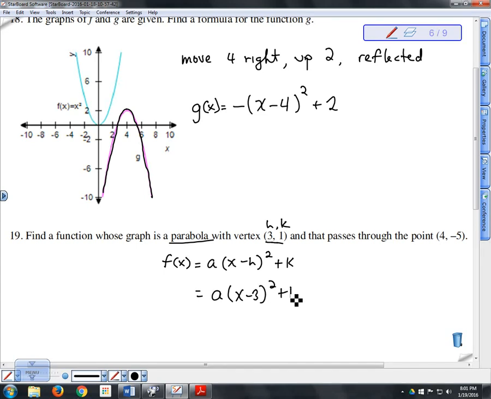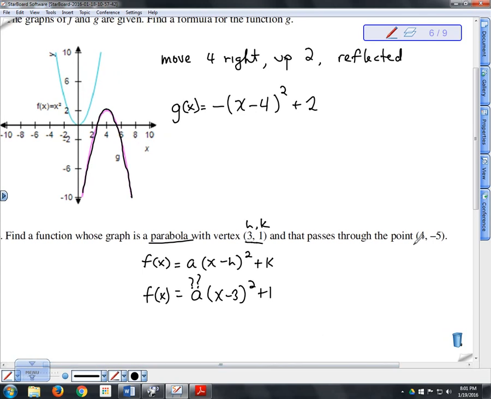The only thing we do not know at this point is the value of a. And that's where this now comes in. This is an x, and this is an f of x value. So you can plug those in for x and f of x. That would leave only a as a variable, and you could solve for that remaining variable.